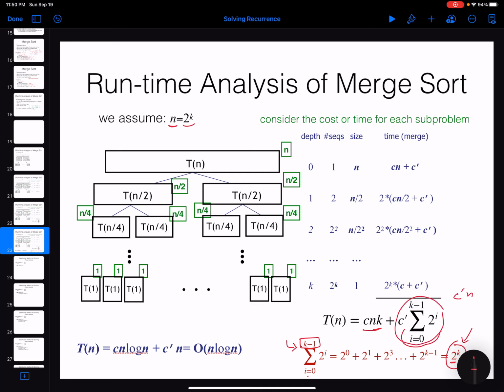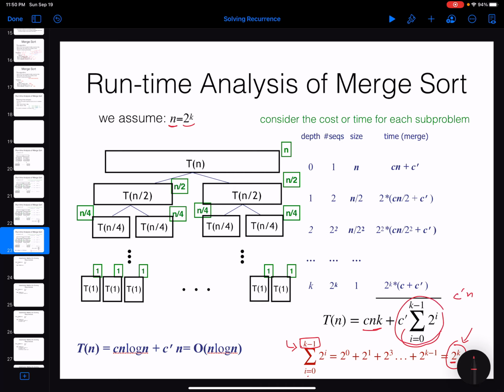How many steps until you reach a term equal to 1? So you will continue this substitution until n divided by 2 to the power of k is equal to 1. So you will continue for k steps, where k is going to be log of n.